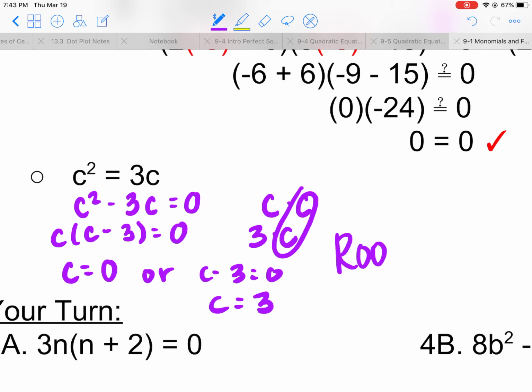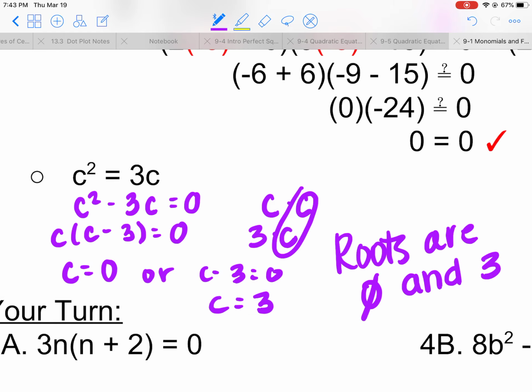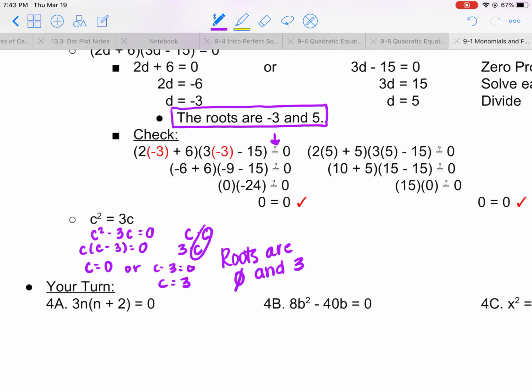So my roots are 0 and 3. If I want to check, 0 times c minus 3 is equal to 0. Anything times 0 is equal to 0.